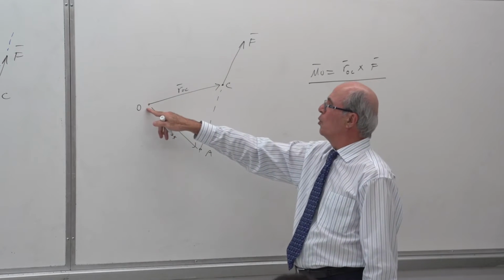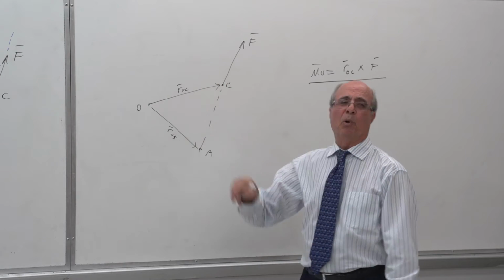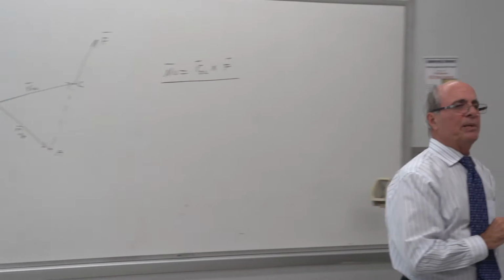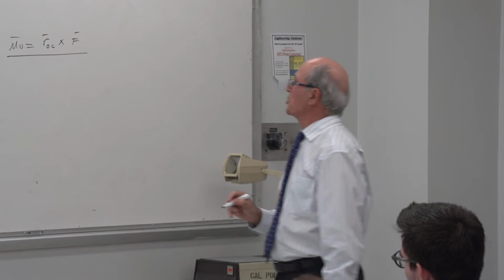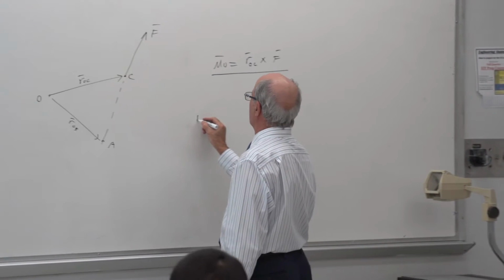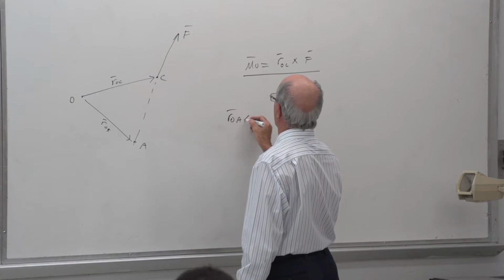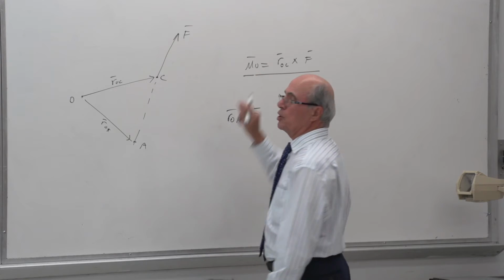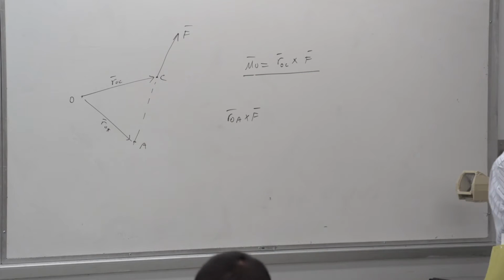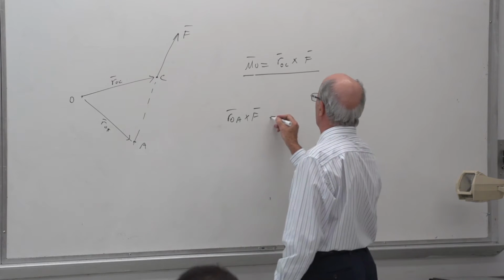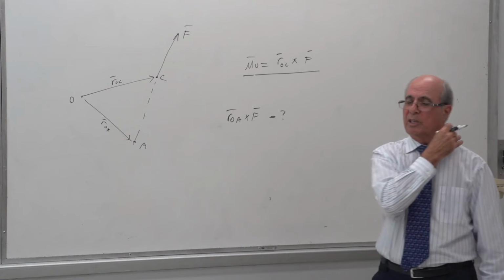Start from point O and at point of application. Yes or no? Now what we are saying is that ROA cross product of F should be equal to MO. Yes or no? Now let's say what? This is the question we want to get. Equal to what? That's the question.